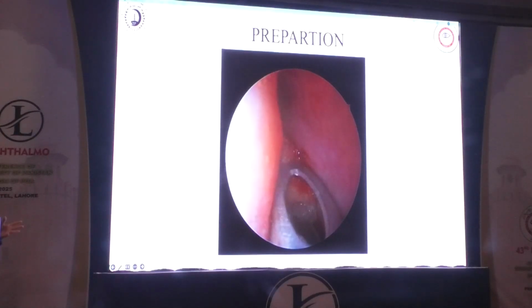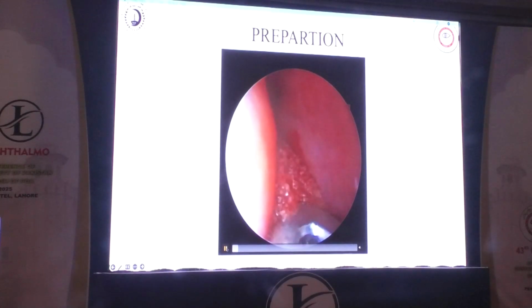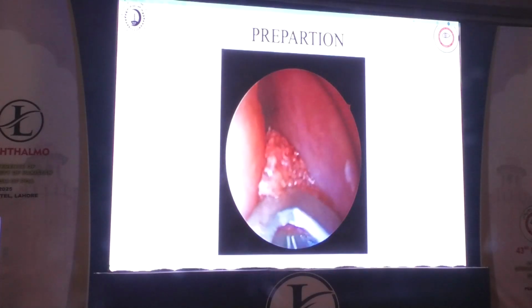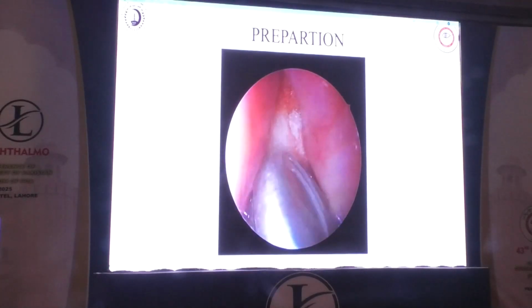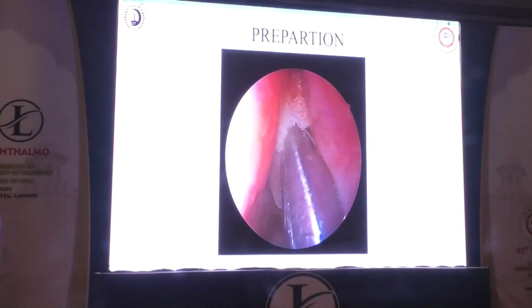I put 3 packs in the nasal cavity. One is the generalized packing, soaked with adrenaline and xylocaine. It's a decongestant and it gives adequate exposure to work in the nasal cavity. The other is targeted packing, a Merocel dressing. This is a foamy dressing soaked with decongestant spray, adrenaline and xylocaine.